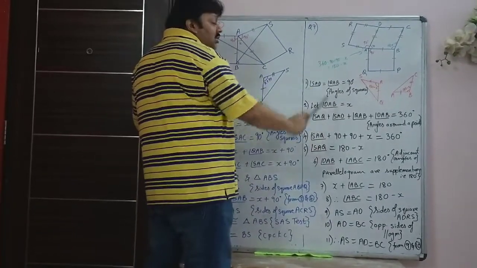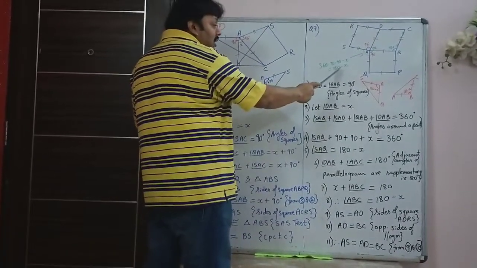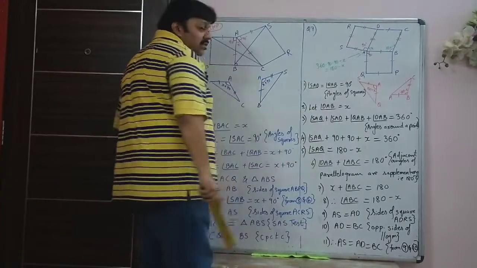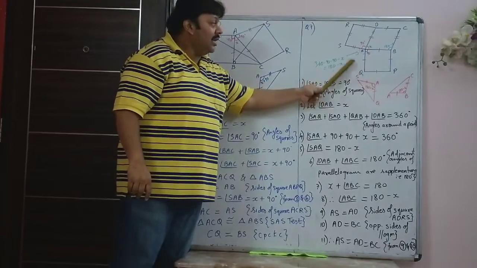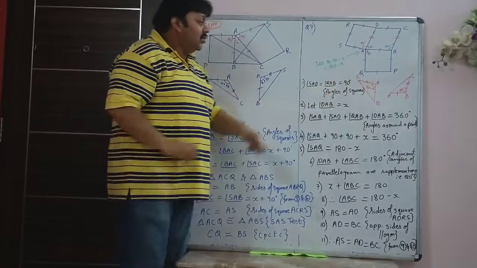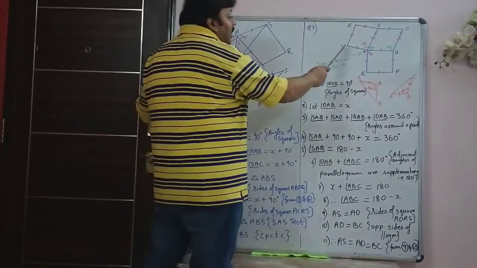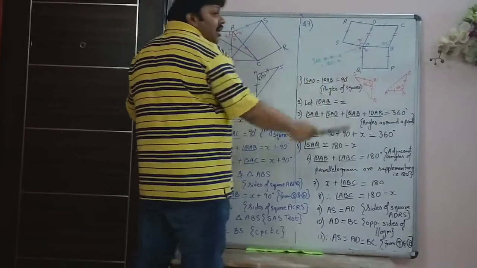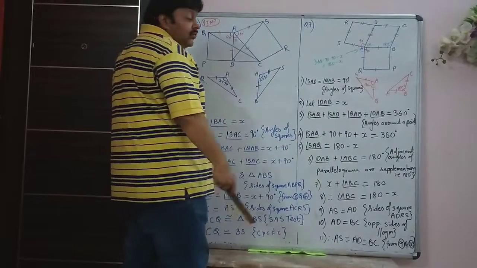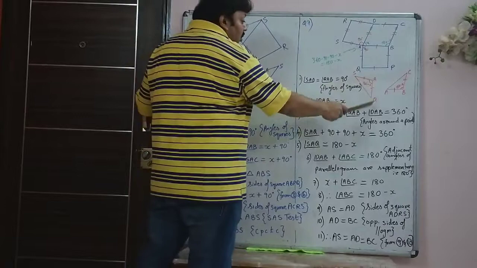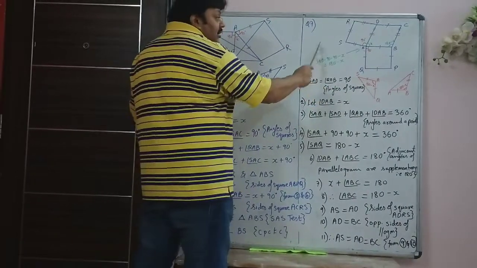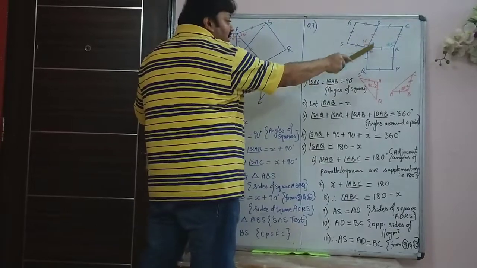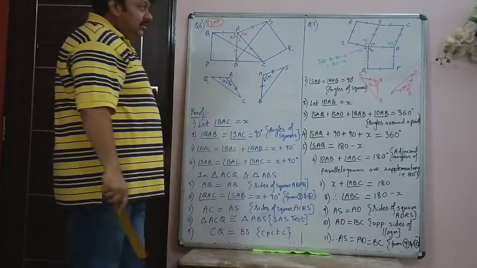So it is 360 minus 180, that is 180 minus x. So angle SAQ is 180 minus x. That is why, when I have SAQ as one of the triangles I need to prove congruent, I have shown angle SAQ is 180 minus x, by using the property of angles around a point.